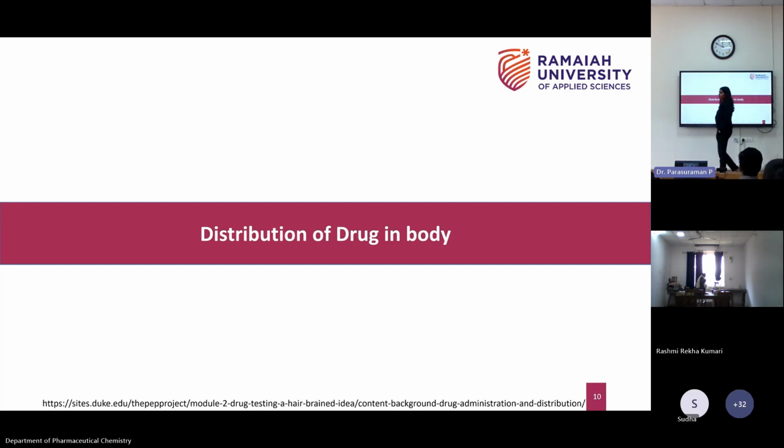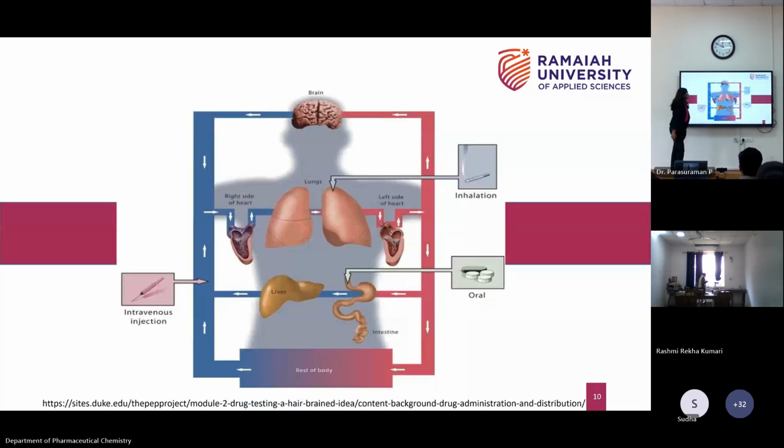So how does the distribution process occur? As I told, route of administration plays an important role. If we take an IV injection, it goes directly to the heart. If we take it orally, it comes into the stomach, then intestine, then goes to the liver.